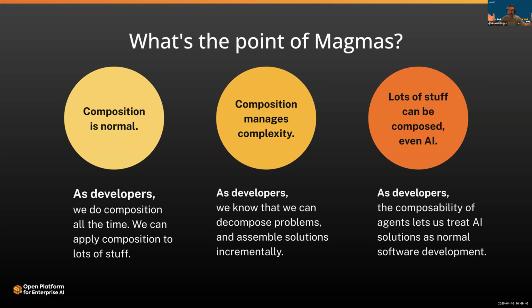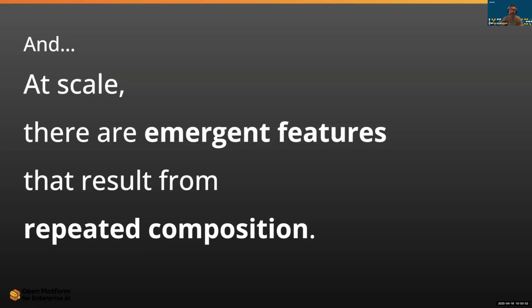We think about what the overall structure is and how we can break that down to make smaller structures that are still themselves useful. And because lots of different things can be composed, AI itself can be composed as well. All the natural skills we have as developers, we can apply towards AI.